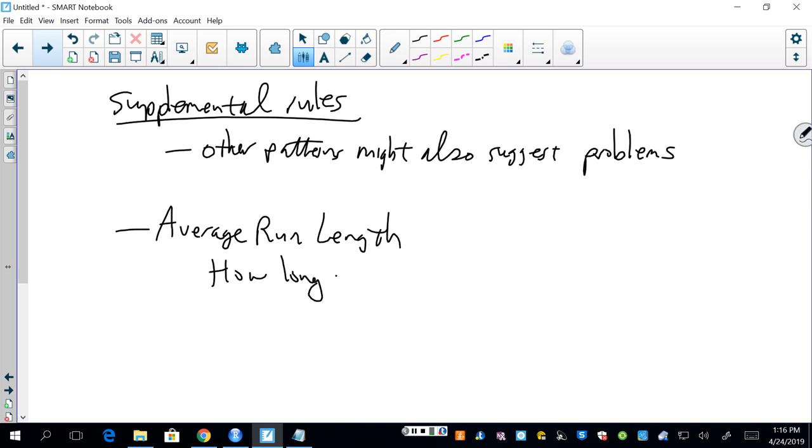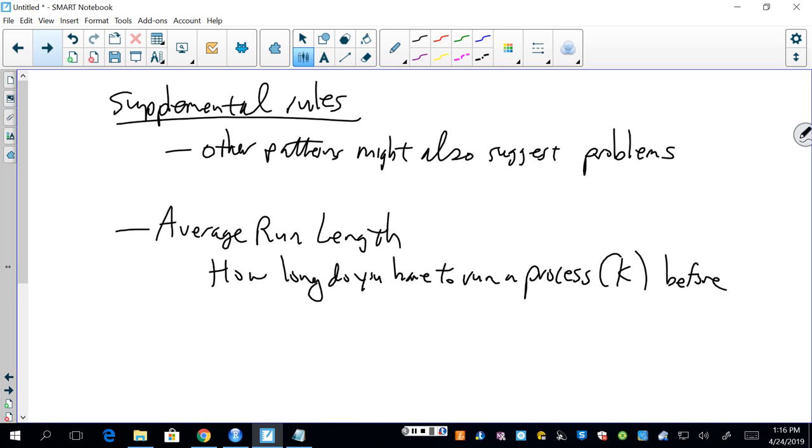How long do you have to run, that K time period, that's K, before you expect an out-of-control X bar?